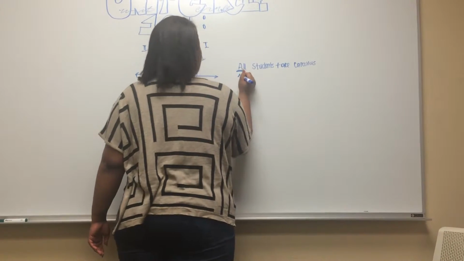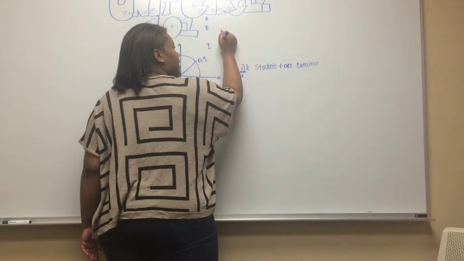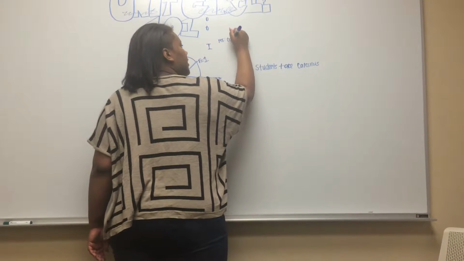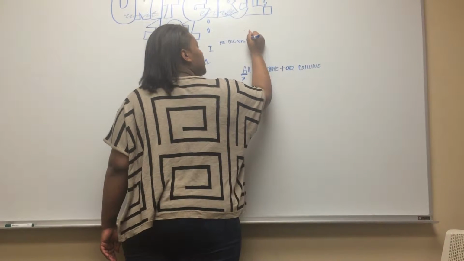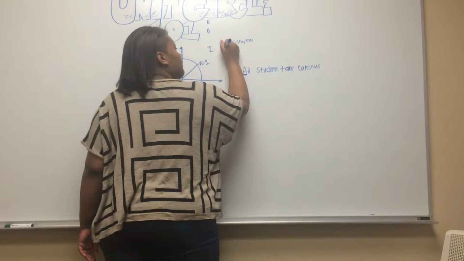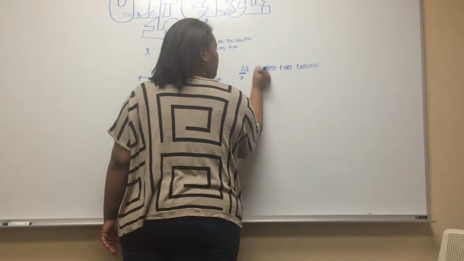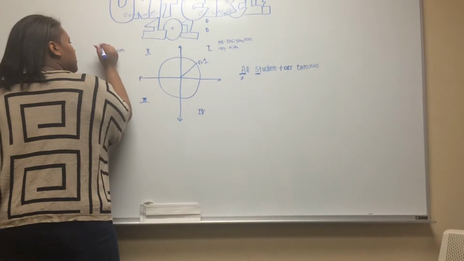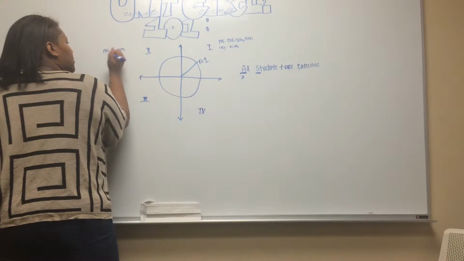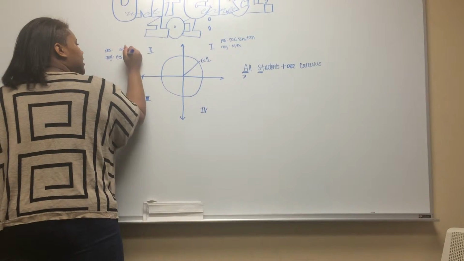A for all, so in the first quadrant the positive will be cosine, sine, and tangent. And negative, none. Now for the second quadrant, only sine is positive. The negative would be cosine and tangent.